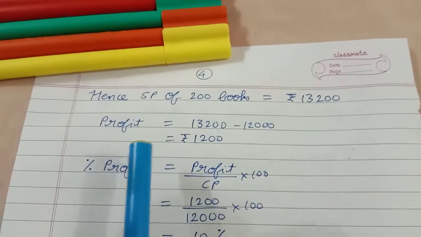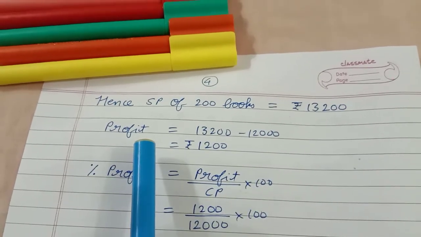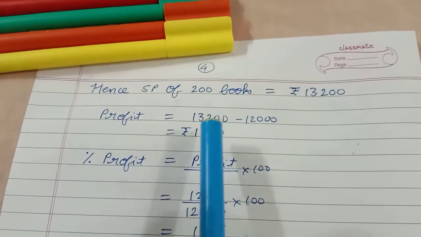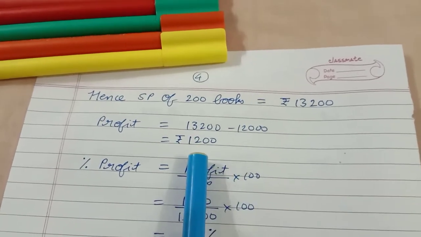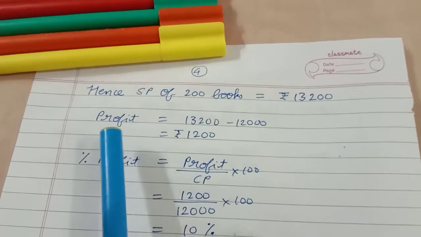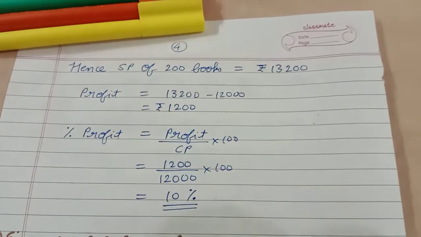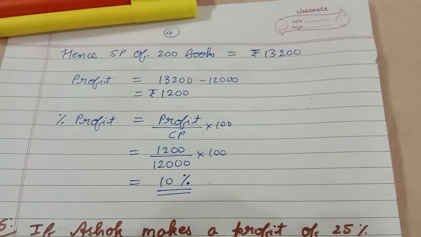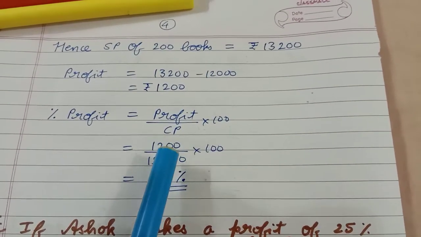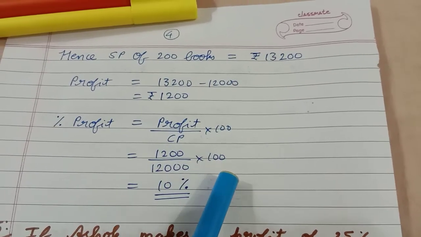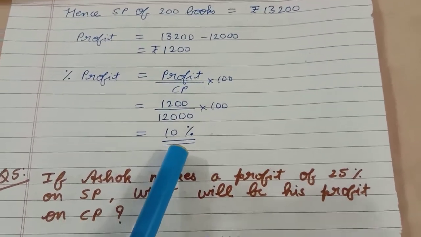Now profit is equal to selling price minus cost price, on 200 books. So 13,200 minus 12,000, so 1,200 rupees is the profit on 200 books. Now percentage profit is profit divided by cost price into 100, that is 1,200 upon 12,000 into 100. So the answer comes to 10%.